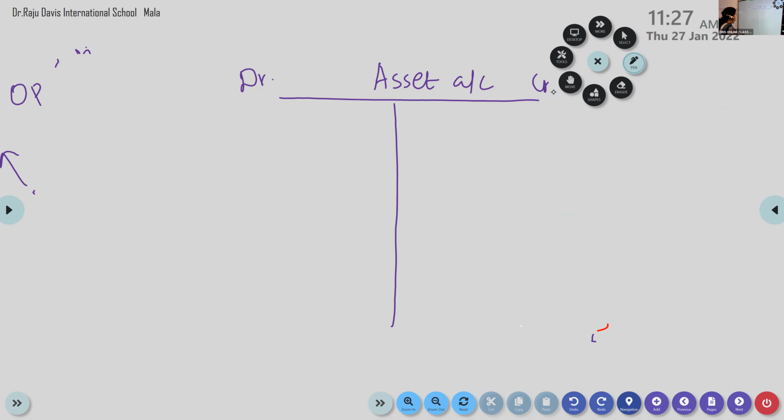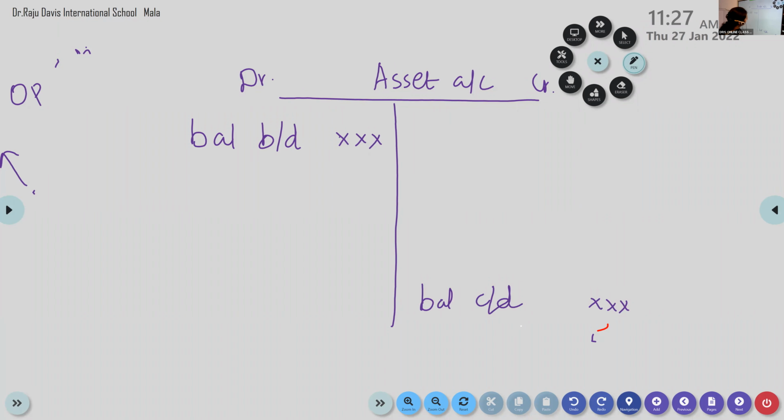So where is the balancing figure? Not balancing figure, sorry, opening balance. Balance brought down will be shown on the debit side. So the closing balance, balance carry down, will come on the credit side.